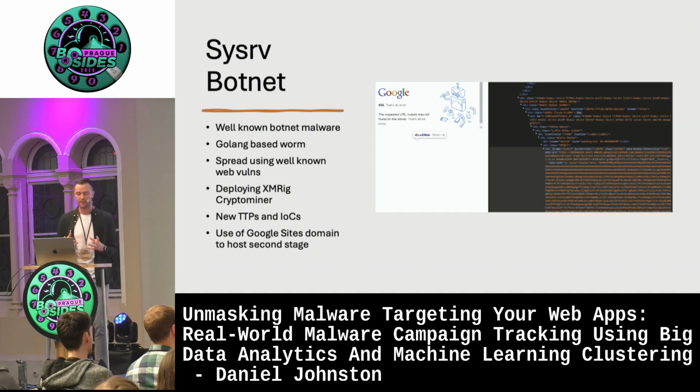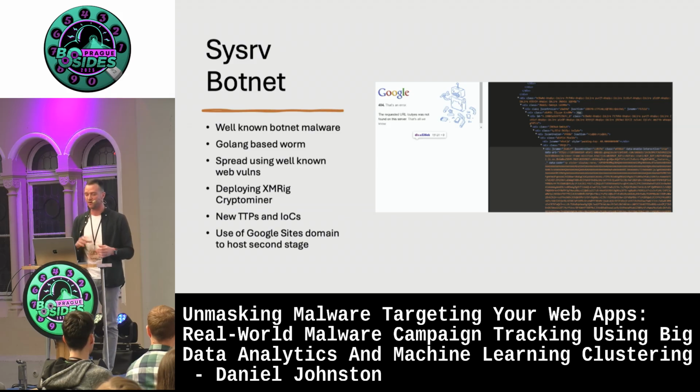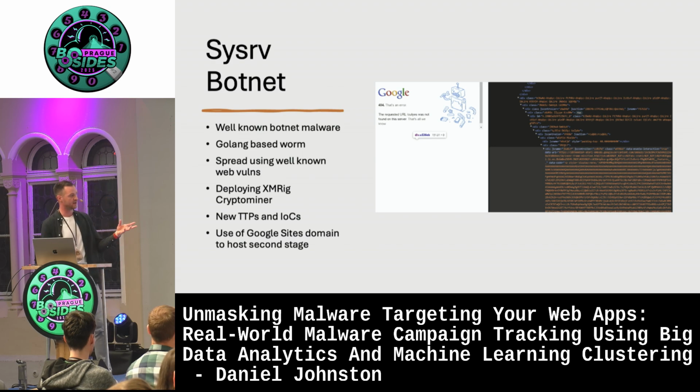We were also able to identify the use of a Google Sites domain hosting the second stage binary of this attack. As you can see in the screenshot on the right-hand side, what looks like a generic Google 404 error page actually contains the encoded bytes of the second stage binary.